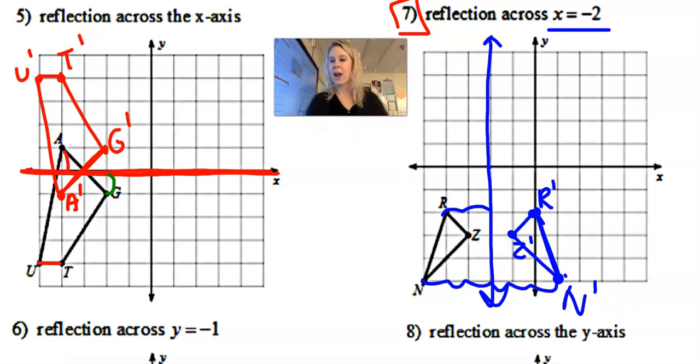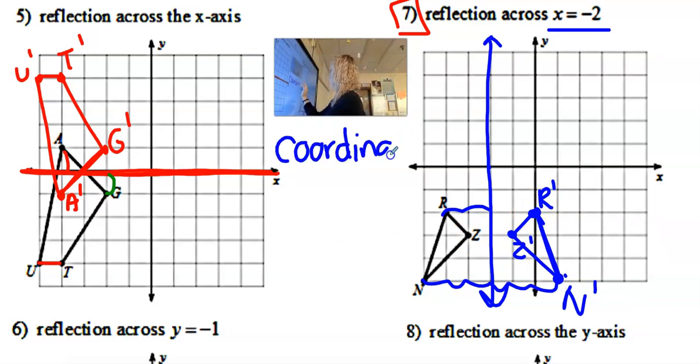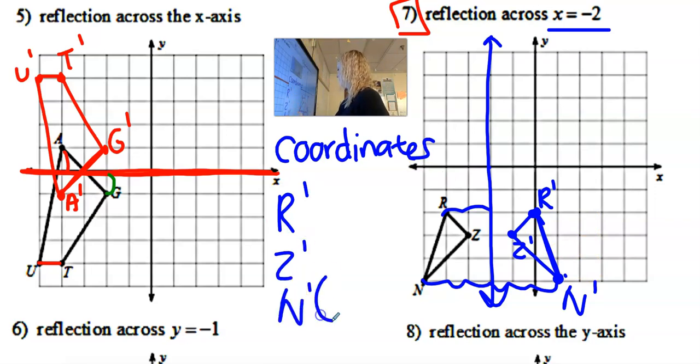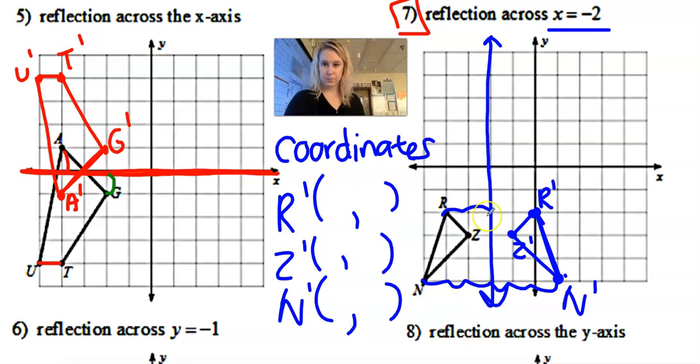Another thing is if it asks you for the coordinates, it wants the ordered pairs of your new shape. So for example, I would have to write R prime, Z prime, N prime, and then tell me their new coordinates. R would be at a 0 and then down 2.